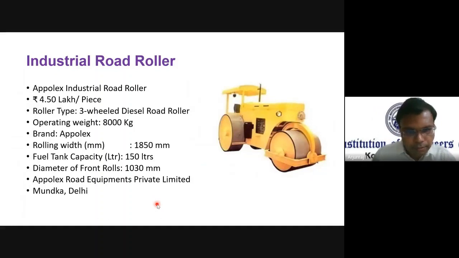It is an industrial road roller, but still it is quite common even in roads and construction equipment, where you go with an operating weight of 8,000 kilograms, and you have the rolling width of 1850 mm, and a fuel tank capacity of 150 liters, and the diameter of the front roller is going to be 1030. The rear roller is going to be higher, okay, but the dimension is not mentioned here. But once you look into the catalog, you can also find out the details.